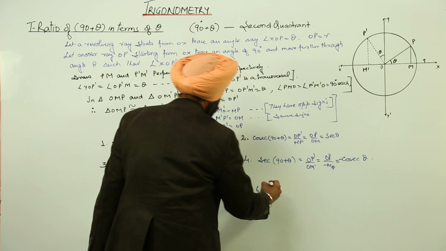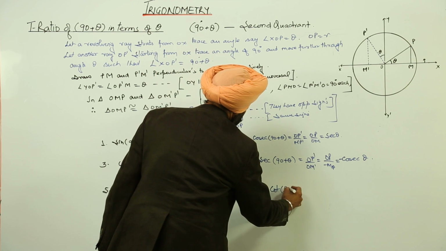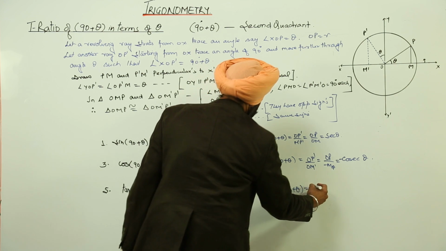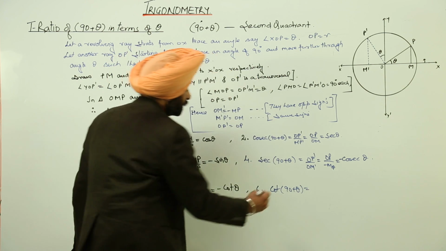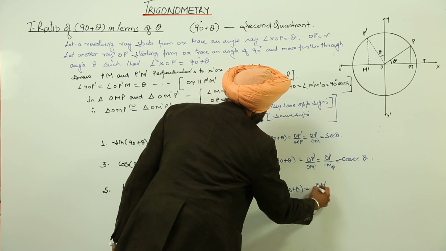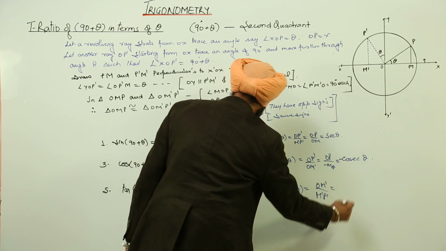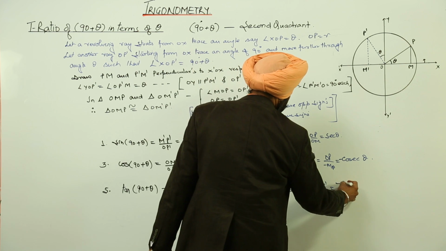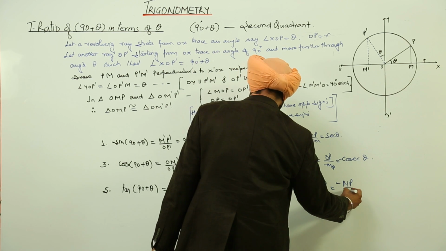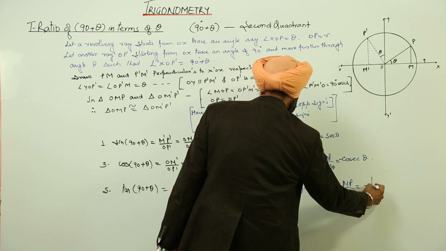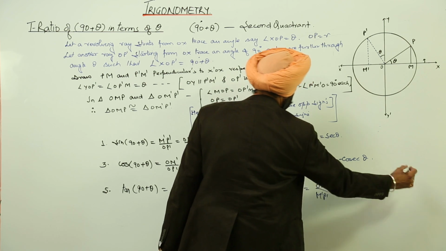Number 6, cot 90 plus theta will be OM dash upon M dash P dash. Now this will be negative of MP upon OM, which is negative of tan theta.